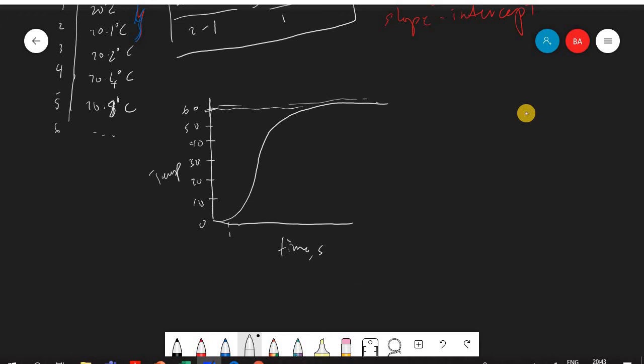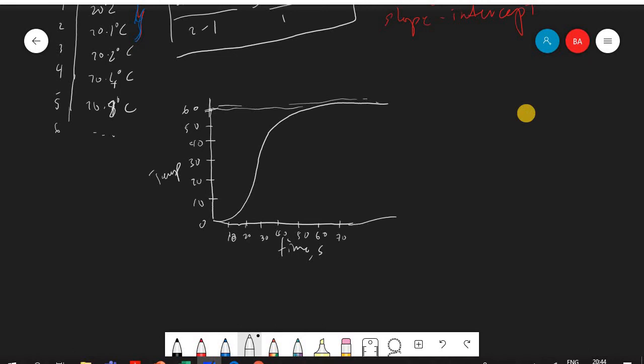Instead of saying 1, I'll say 10 because it just makes more sense. So this is 10 seconds, 20 seconds, 30 seconds, 40, 50, 60, 70, and 80. I'm not sure that they are very equal.